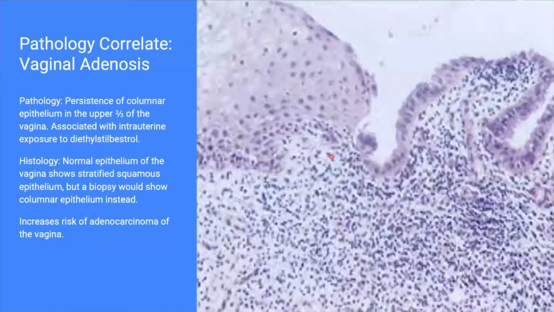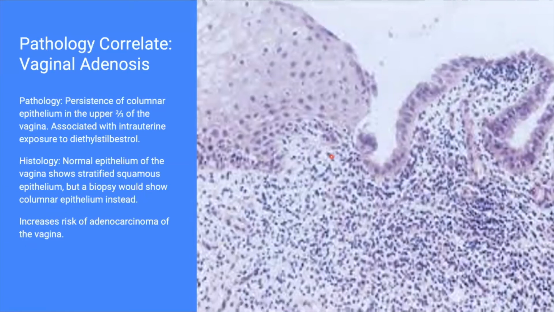All right, here's our pathology correlate. Sorry for the poor quality of this picture, but it was the most obvious demonstration of this pathology correlate that I've chosen. The correlate is termed vaginal adenosis. It's a pretty rare condition, but it is a very easily testable condition as it relates to histology.